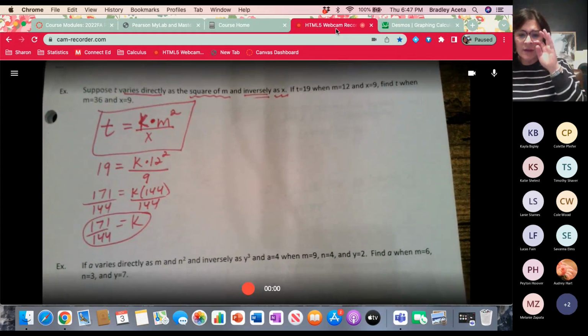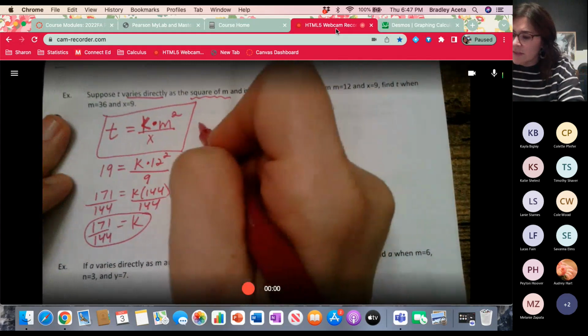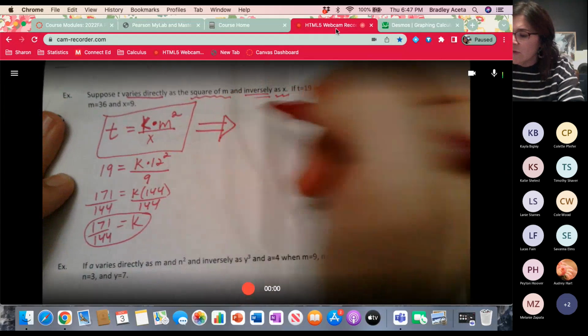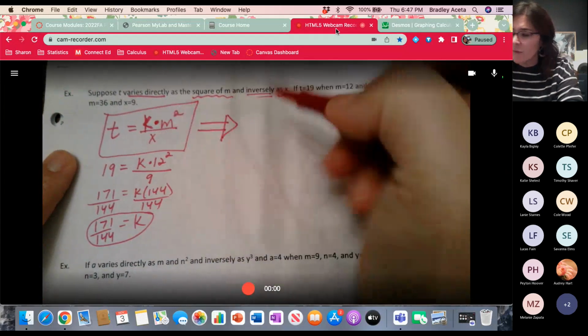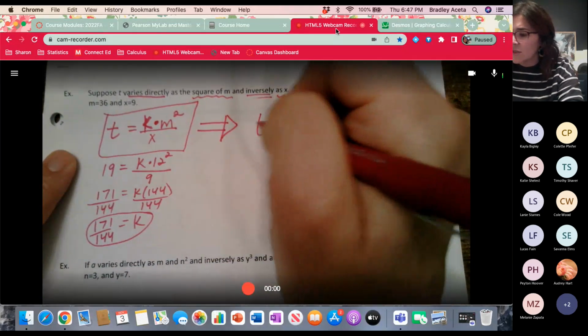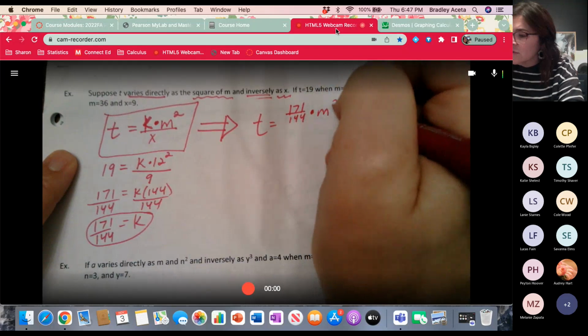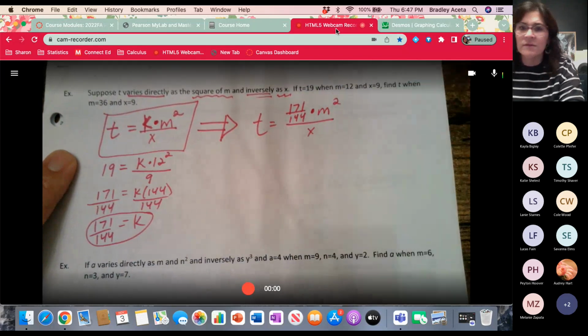You just did it. Now, you are going to literally take this formula that you had just written, and replace the k in that formula and write a new formula. So watch. t equals 171 over 144 times m squared over x.